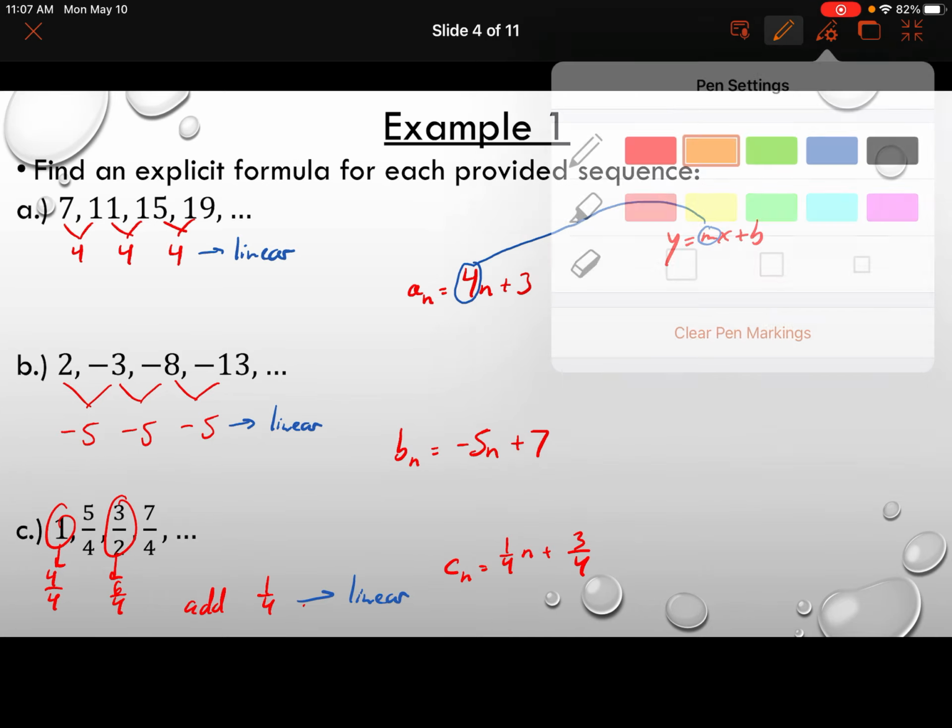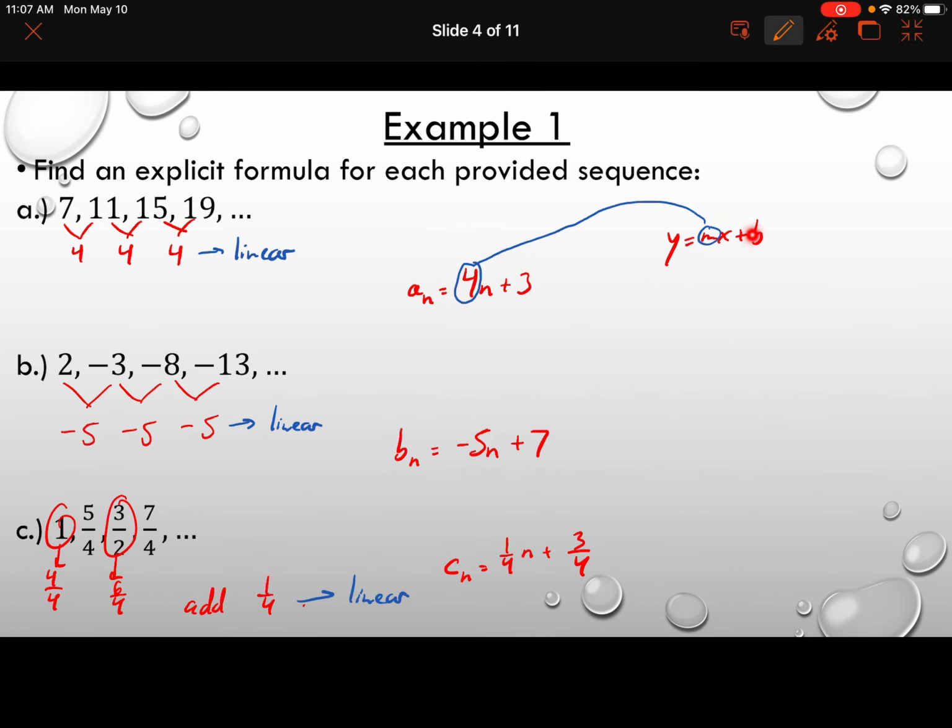And on the flip side, the b value, which if you remember back to algebra 1, that's your y-intercept, that one might not seem as obvious. What does that correspond to?